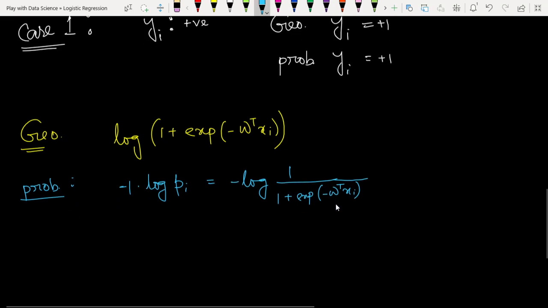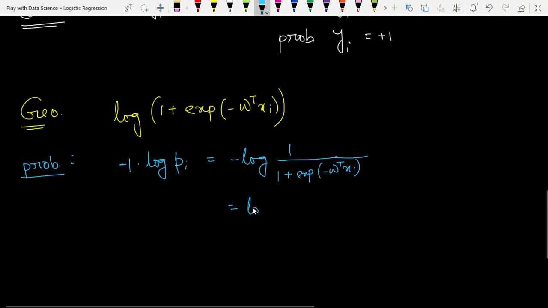Okay, which means log of 1 plus exponential of minus w transpose xi.